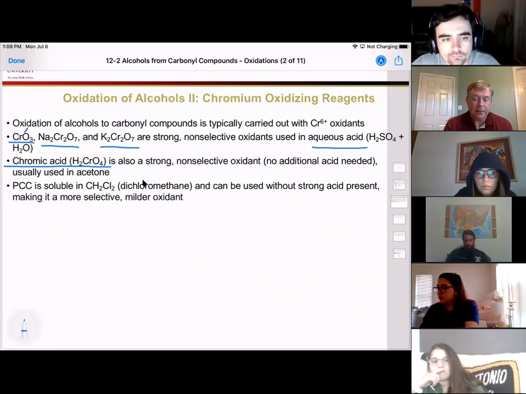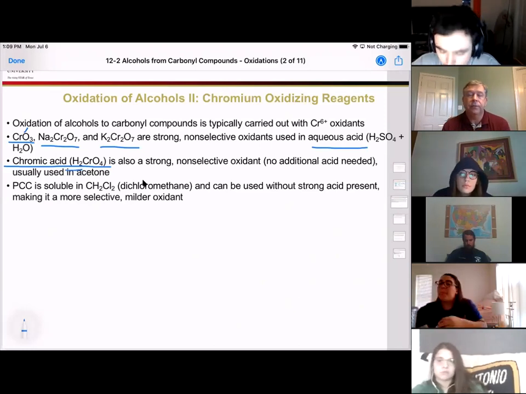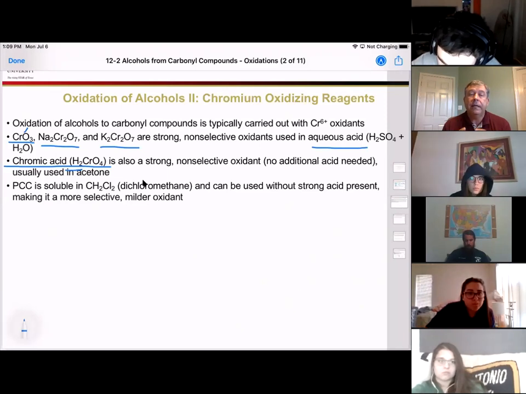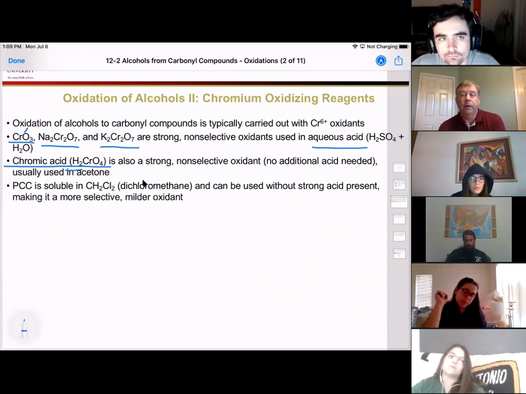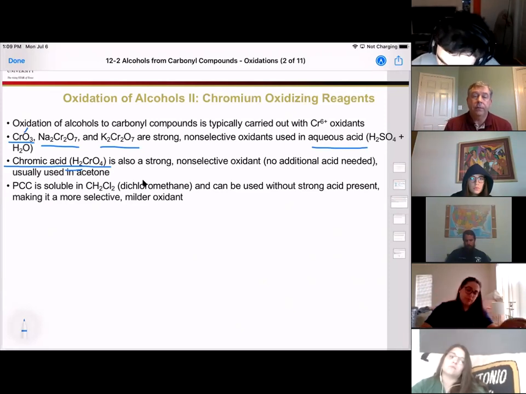Notice it has those hydrogens there, and they're up where we see like the hydrogens in sulfuric acid. So you don't need to add any additional acid, but it does dissolve in a lot of different organic materials. So if your alcohol does not dissolve in water, you can get it to dissolve in typically a ketone, and you can get this chromic acid oxidizing, okay?